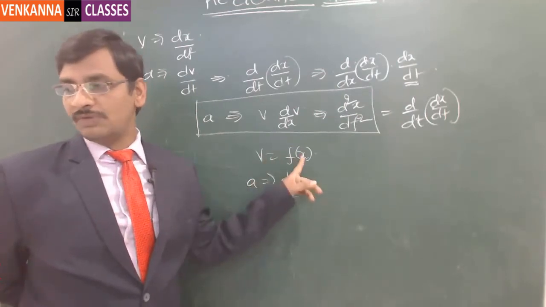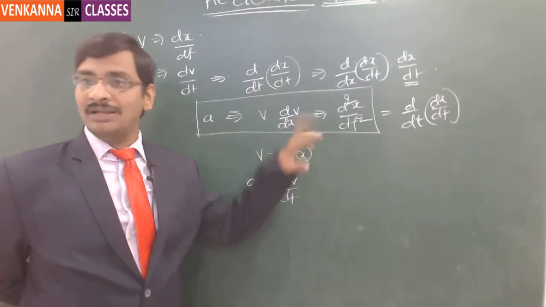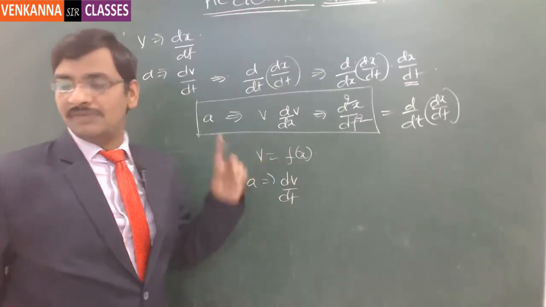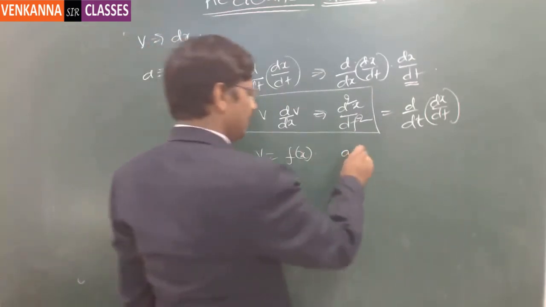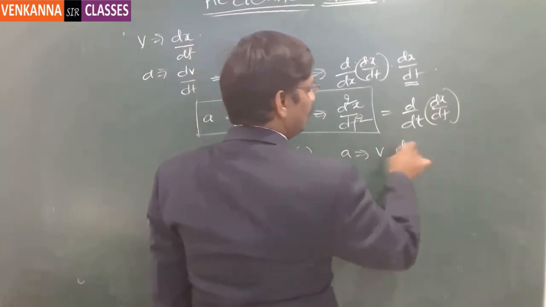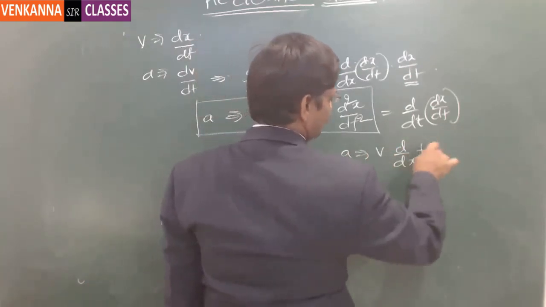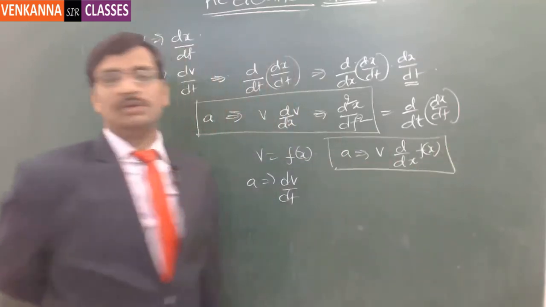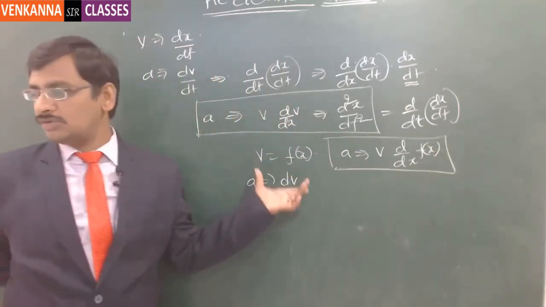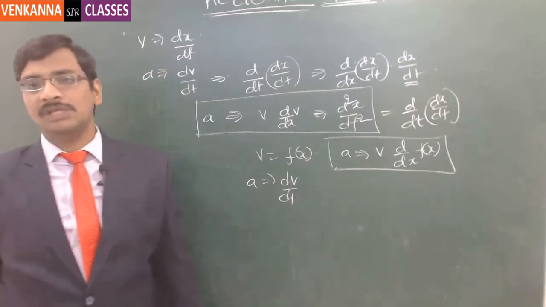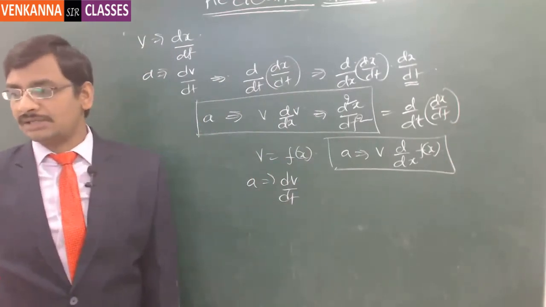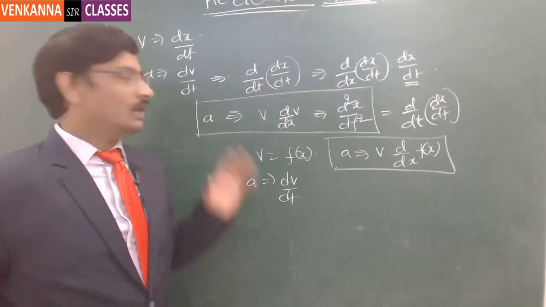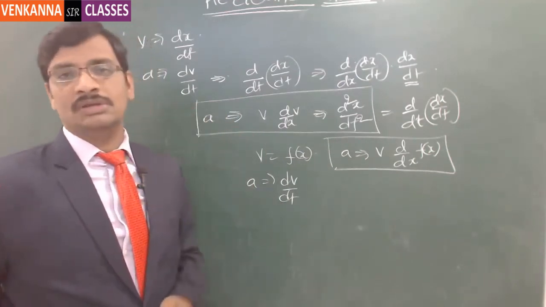Now v equal to f of x is the relation where t is the parameter. So to eliminate the parameter and straight away get the acceleration, a can be treated as v into d by dx of f of x. Got it? If it is given in the parametric form, we will use this format of the equation to calculate the acceleration. These are the fundamental relations that we will use down the line.